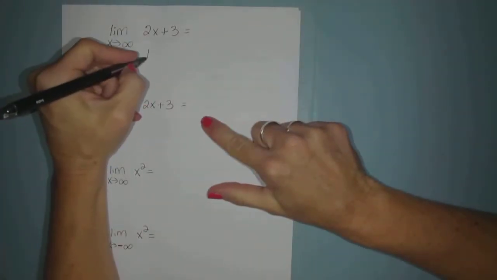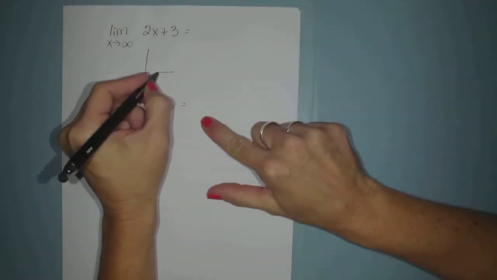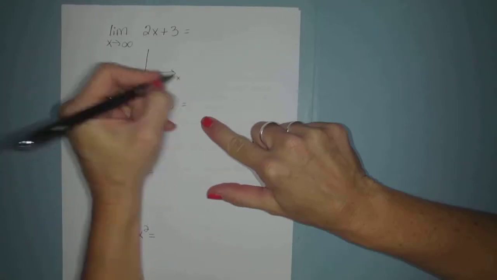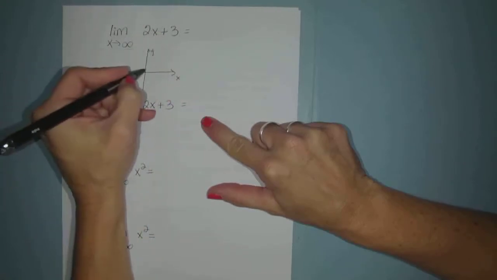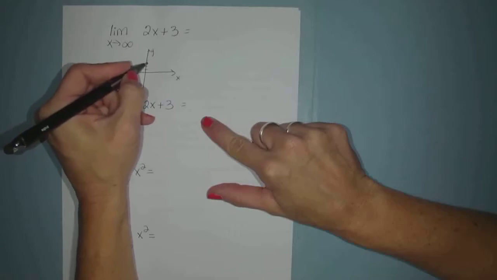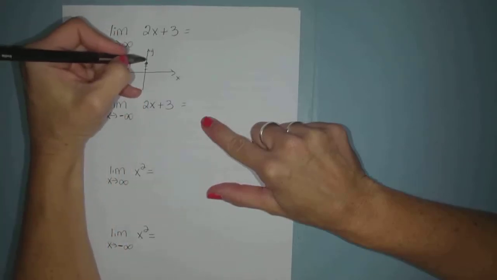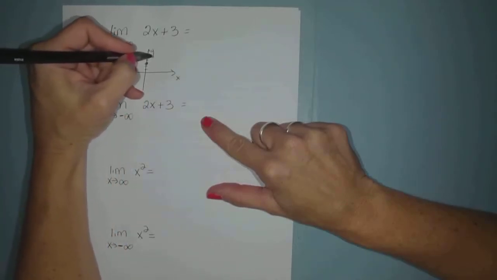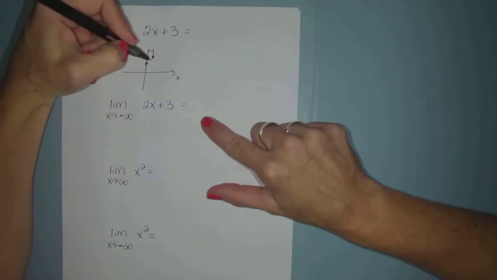So if I'm thinking of it graphically, I may want to graph 2x plus 3. I know that has a y-intercept of positive 3 and a slope of 2. So I'm coming up 2 and right 1. So that graph looks something like this.